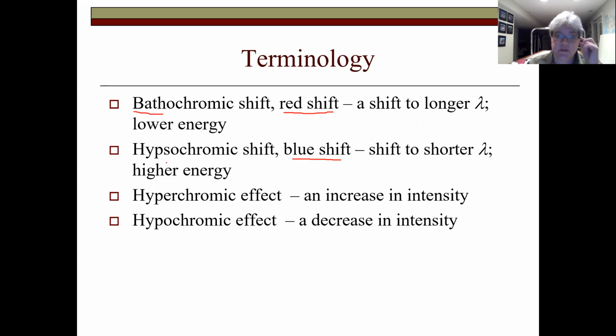Two other terms we use are hyperchromic and hypochromic. So hyper means to increase the intensity, hypo, decrease the intensity. Now, these two prefixes are actually common in English. Hyper means over or in excess, and hypo means under or lacking. So sometimes you will see hyper and hypo used with other words.